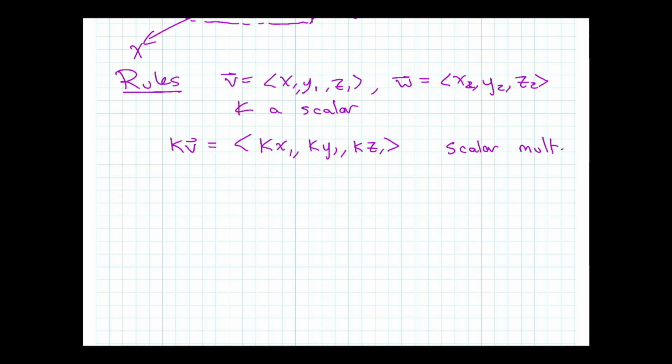We know how to add: v plus w is the vector where you just add the components, <x1 plus x2, y1 plus y2, z1 plus z2>. That's vector addition.